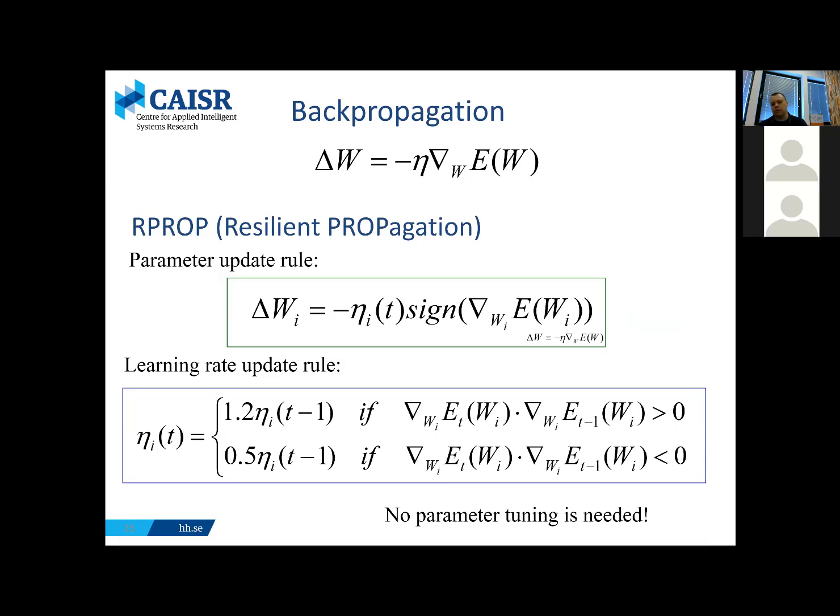So the idea here is that as you are doing your propagation, or your gradient descent, if you keep going in the same direction, then you want to increase the learning rate. If you are always going in the same direction, you want to go faster. But if you change direction, that means something has happened between my previous iteration and this one, which means that I've actually jumped over something interesting.